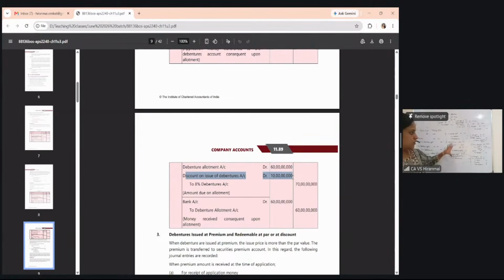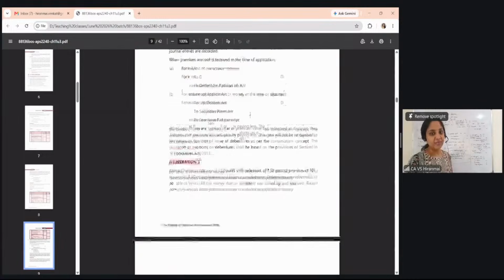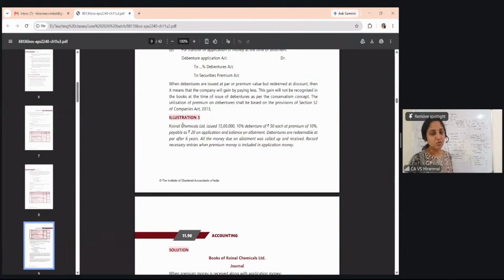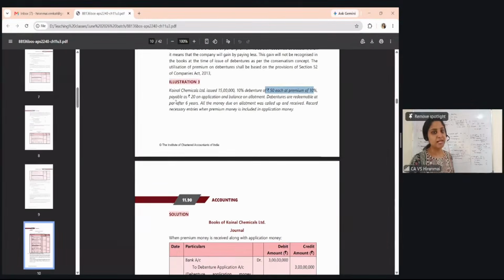This is your case 3. What we have solved here, that is the same question that is coming. Now debenture issued at premium, redeemable at par. Please see here. Conile Chemicals 15 lakh debentures, ₹50 each, premium of 10%, payable as 20 and balance on allotment. Debentures are redeemable at par.